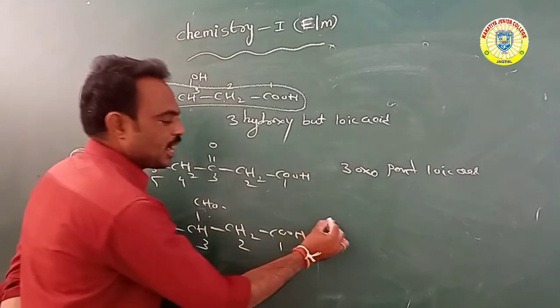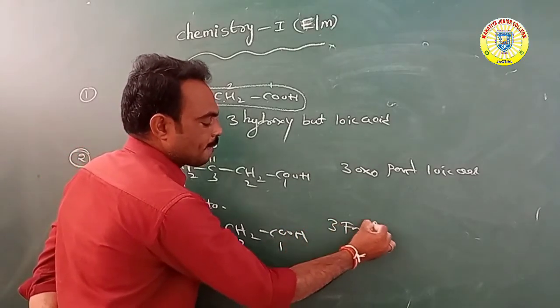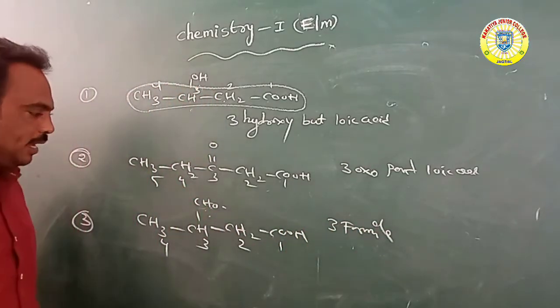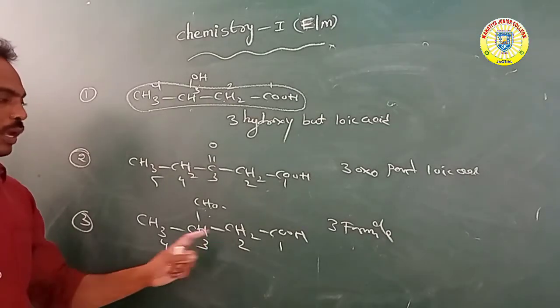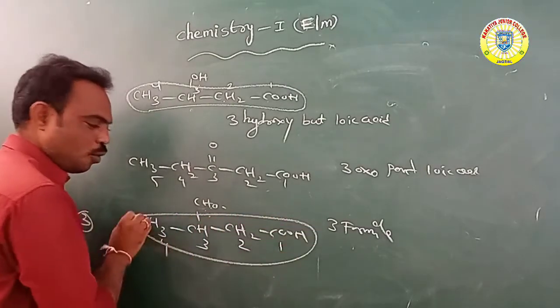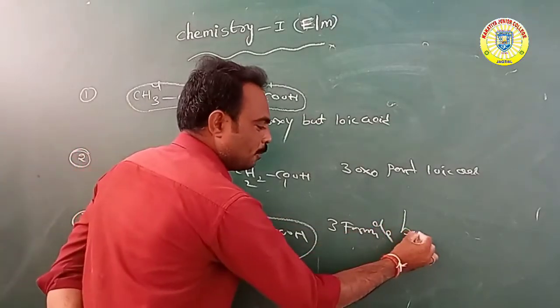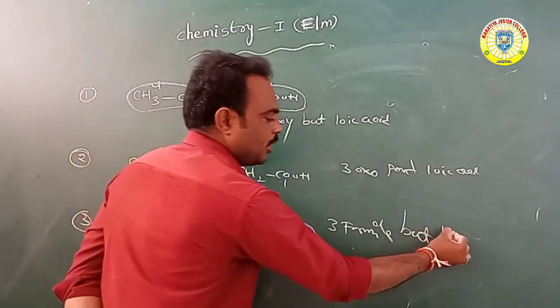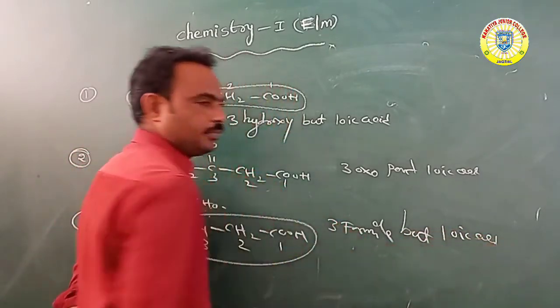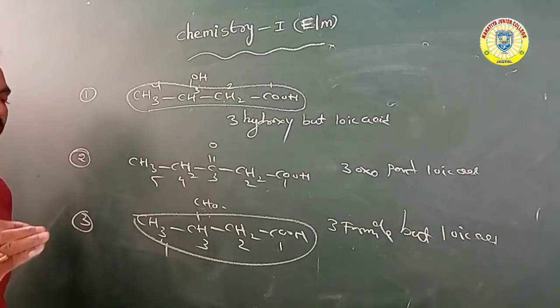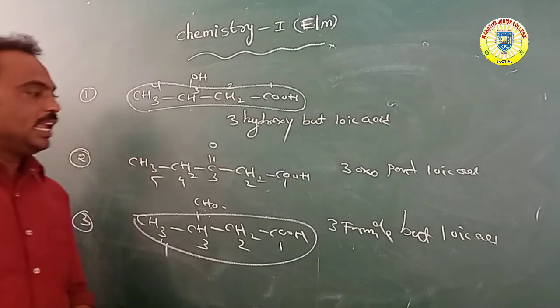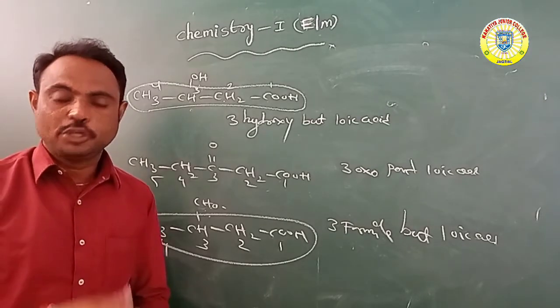The long chain has 4 carbons, so butanoic acid, or 3-formylbutanoic acid.